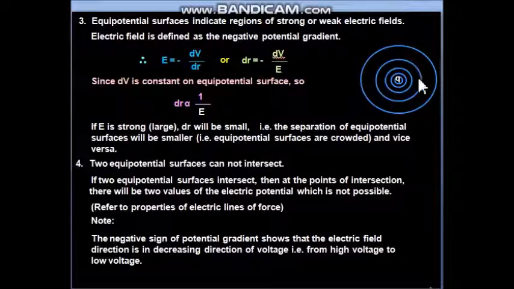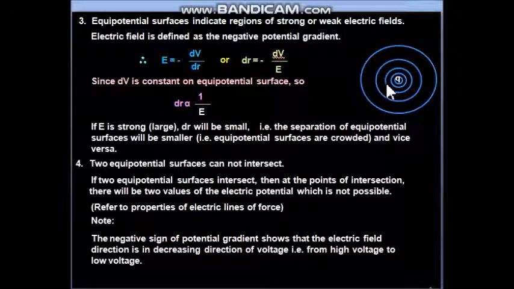Whenever we talk about any charge, this minus sign in the formula represents that electric field direction is not in the increasing voltage, it is in the direction of decreasing voltage. So electric field direction will always be from high voltage to low voltage point. Like for this case the charge is positive, so high voltage is here, low voltage is here.